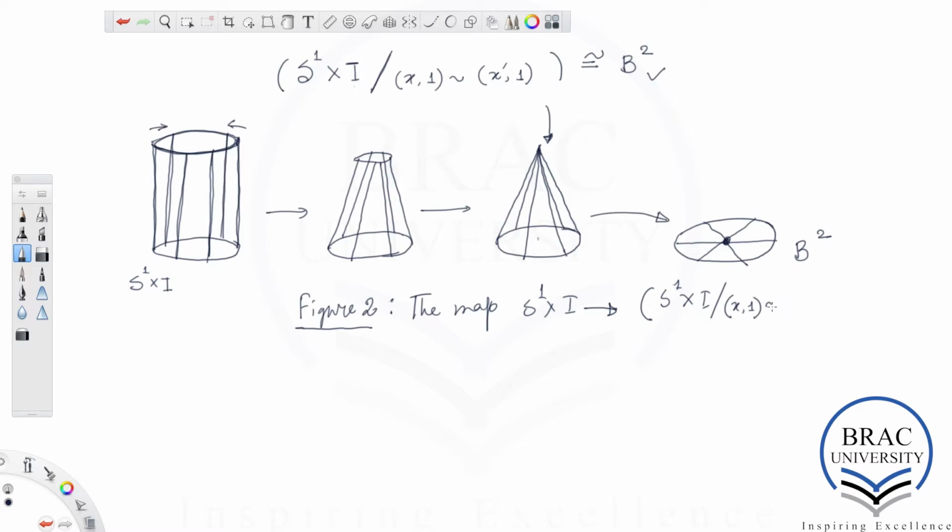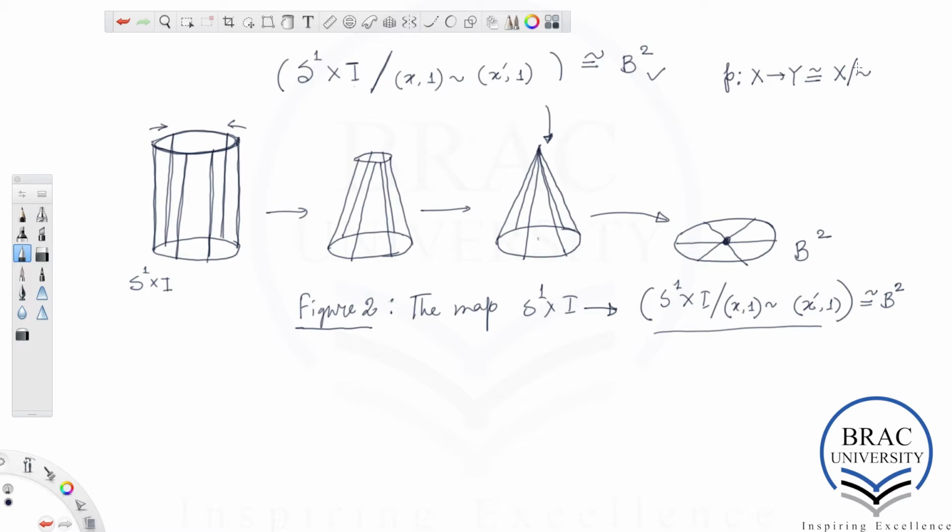So (x, 1) is identified with (x prime, 1), and then you have this quotient space, right? And this is homeomorphic to the unit ball. Okay, so this is more generally what we have said earlier, that whenever we have a quotient map between two topological spaces, the latter space is homeomorphic to the quotient space of the first modded out by the equivalence relation.